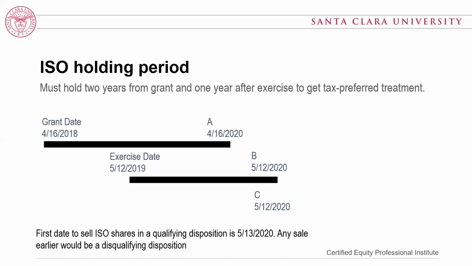If the holding period isn't met, the sale of shares is a disqualifying disposition. And we'll go into detail about what both of those mean in a moment. Also note, the employment requirement only applies until the ISOs are exercised. If the employee terminates after exercise and sells the shares 2 years later, that's still a qualifying disposition.